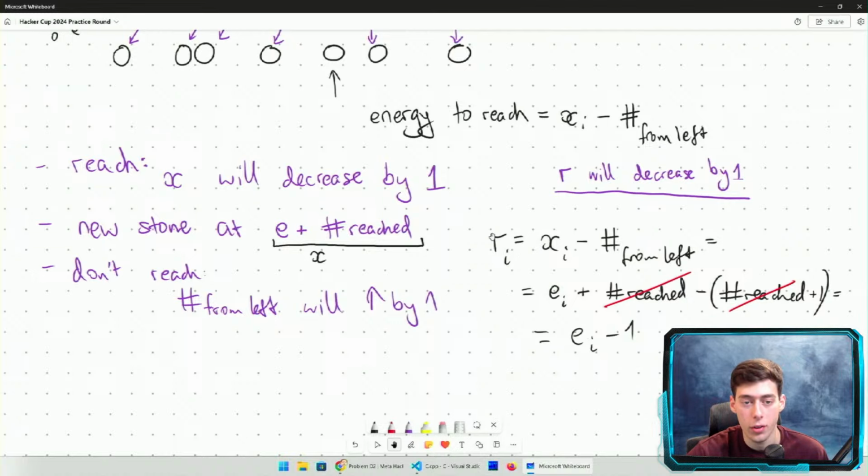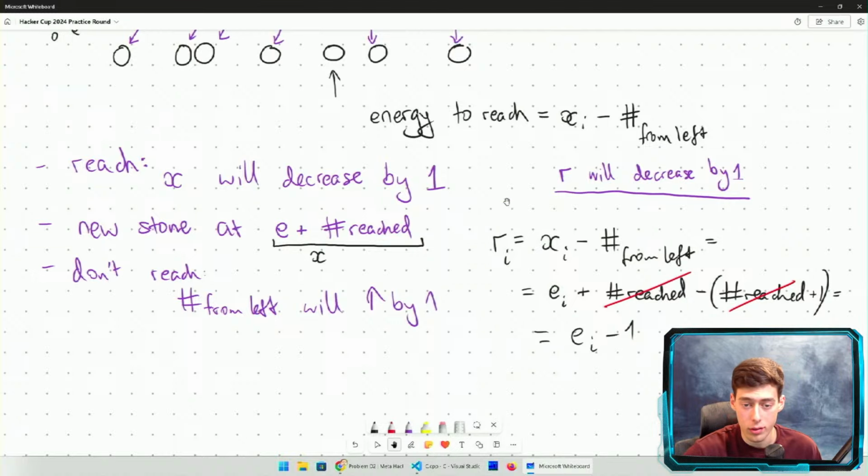This R value, the energy you need to reach that stone for future stones, that's actually independent of the number of stones it reached. It's only dependent on the stone's energy, which is pretty cool.